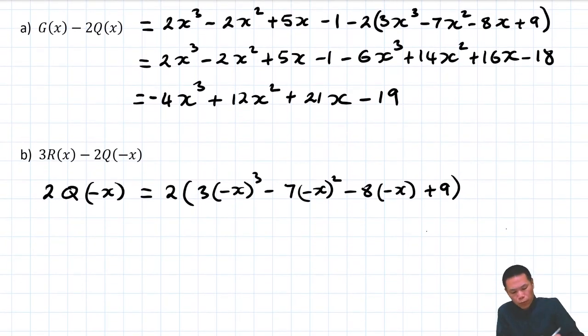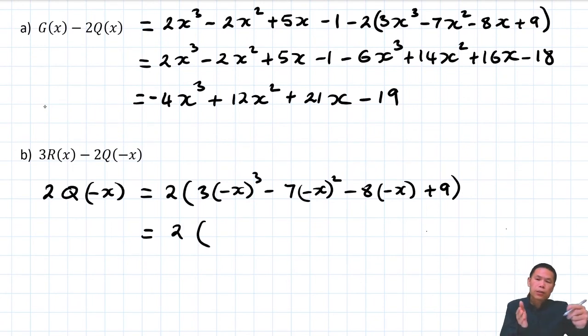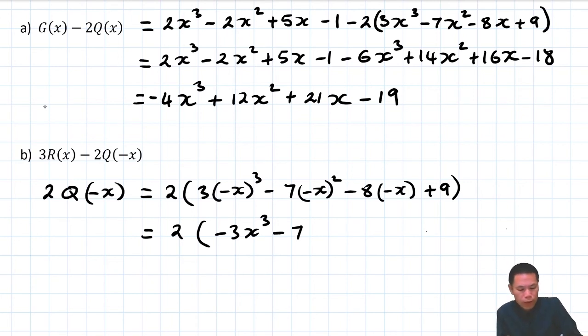And what I do, I just simplify this first. So negative x to the power 3 is negative x cubed. So times 3 still gives you negative 3x to the power 3. And negative x squared is x squared. So x squared, so you go 7x squared. And minus 8 times minus x, so becomes plus 8x.